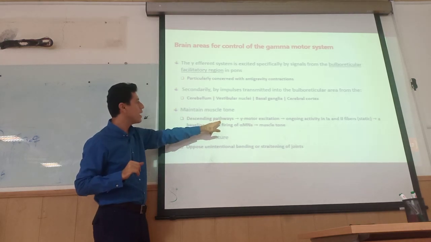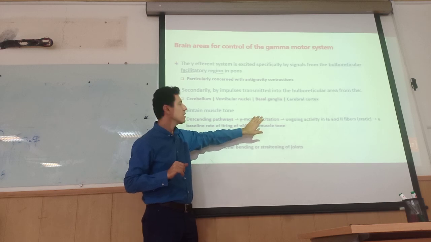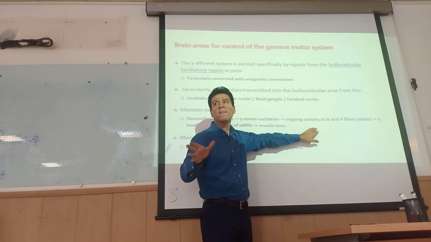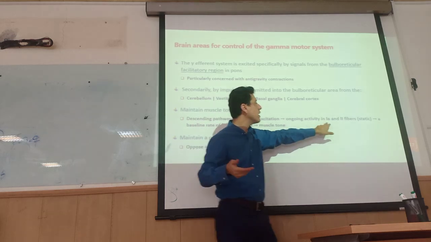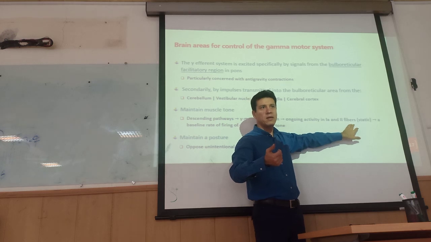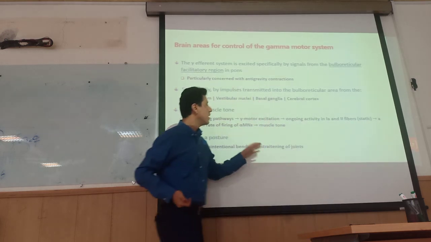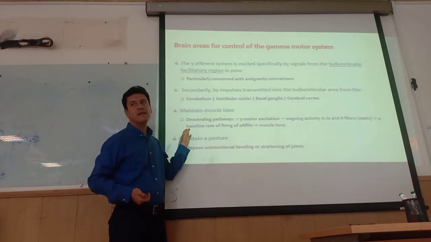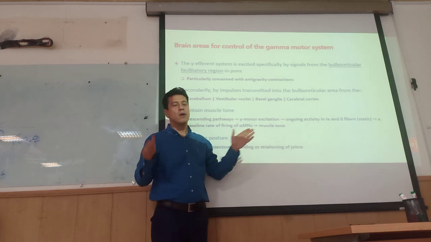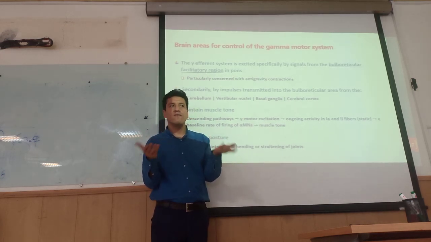So descending pathways excite gamma motor neurons, which excite the muscle spindle, and the firing rate in 1A and 2 fibers increases, right? The action potentials go to the spinal cord, then they come back again to the muscle. They cause partial contraction in the muscle, which is called tone of the muscle.